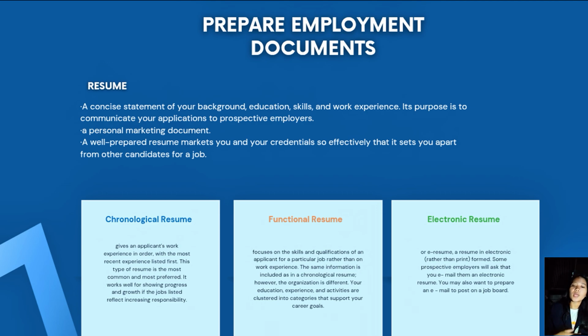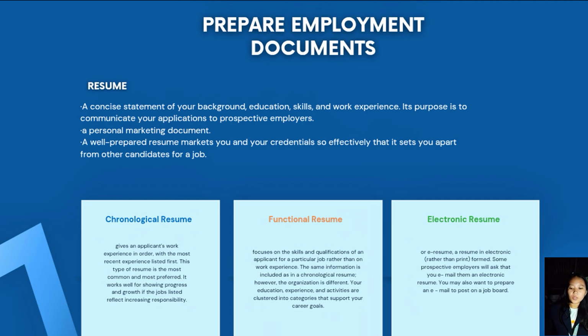So email resume is sent via email, because other employers will ask you, just send your resume to my email account, instead of printing. You can also rely on the sample that I give, just reflect it on the PowerPoint presentation.